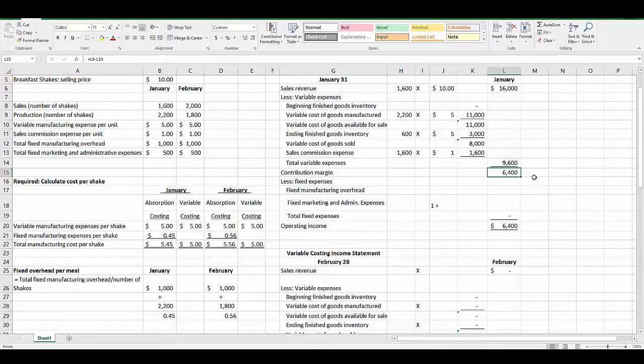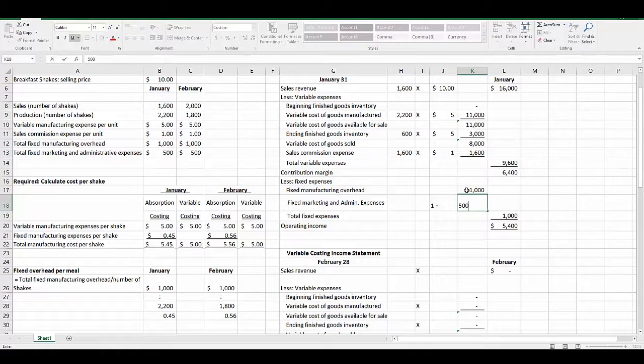So now we need to deduct from here our fixed manufacturing overhead. We are given in the problem that it's $1,000 for the overhead, and for the admin expenses it's $500. So we have 1,500 in total fixed, so 6,400 minus 1,500 will give you an operating income of $4,900 for the month of January. So that ends the month of January.